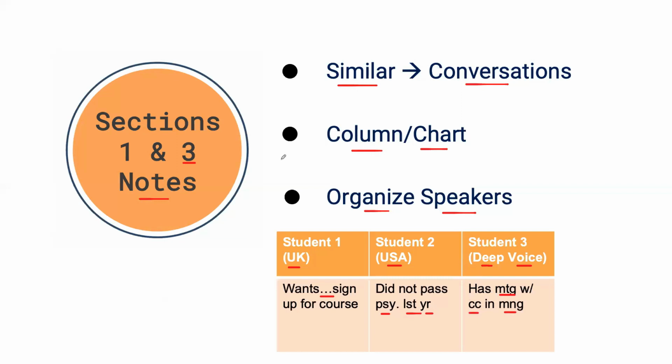But keep in mind that the sections of the exam will dictate the type of notes you keep. So for sections 1 and 3, no matter what question type you have, you should focus your notes in an organized fashion similar to this. Also, something to remember is that perhaps in your question type, you'll have to differentiate between key ideas of each speaker. So that's why things like this can really make a difference.